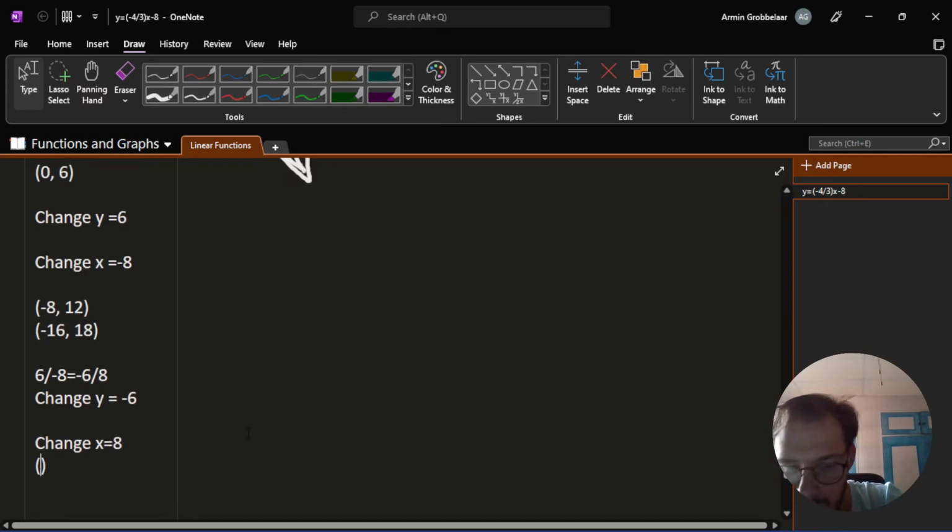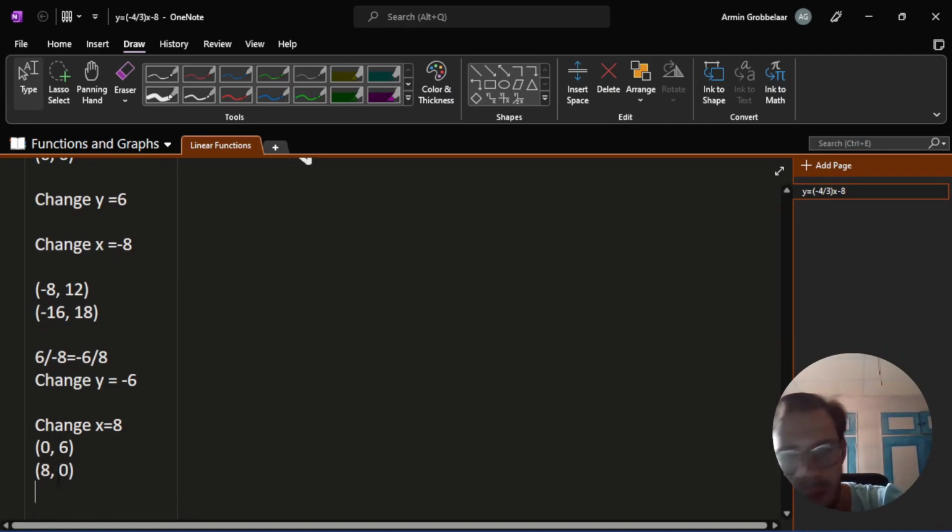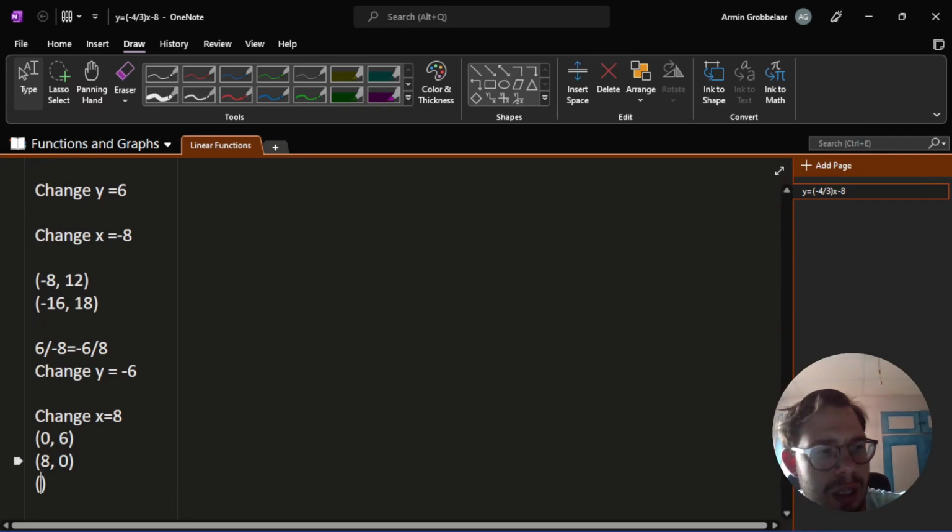Then using our point (0, 6), that's (0, c), we can say the change in x is 8, so 0 plus 8 is 8, and the change in y is minus 6, so 6 minus 6 is 0. Then for our final point, we say the change in x is 8, so 8 plus 8 is 16, and then the change in y is negative 6, so 0 minus 6 is minus 6. So there we have our 3 alternative points: (0, 6), (8, 0), and (16, -6).